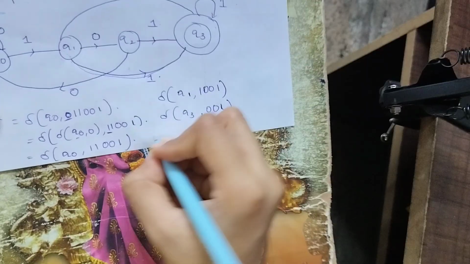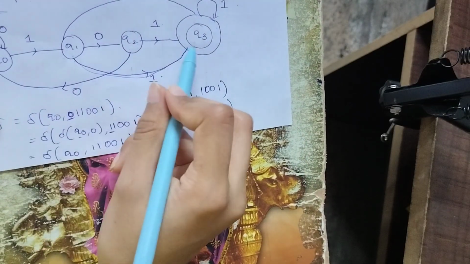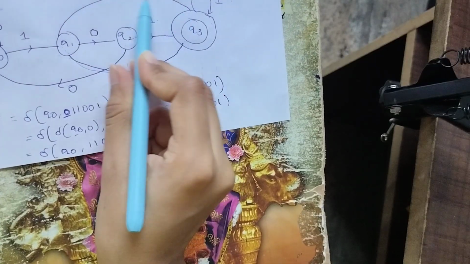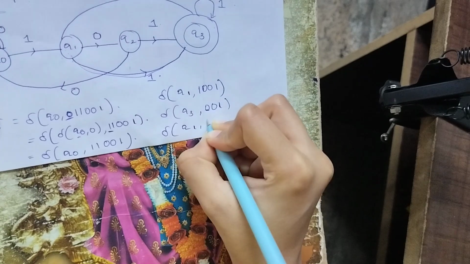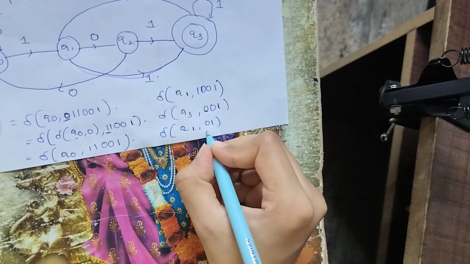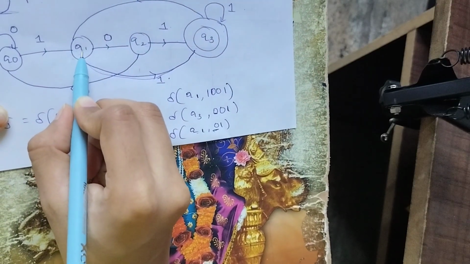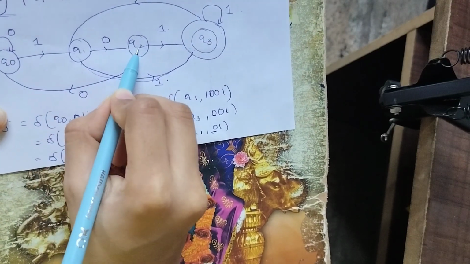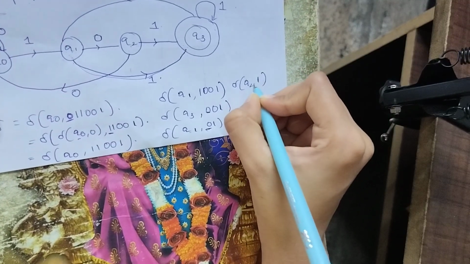0 1. Again from Q3, 0 is going to Q1. So we write Q1 comma 0 1. From Q1, 0 is going to Q2, so we write delta of Q2 comma 1.